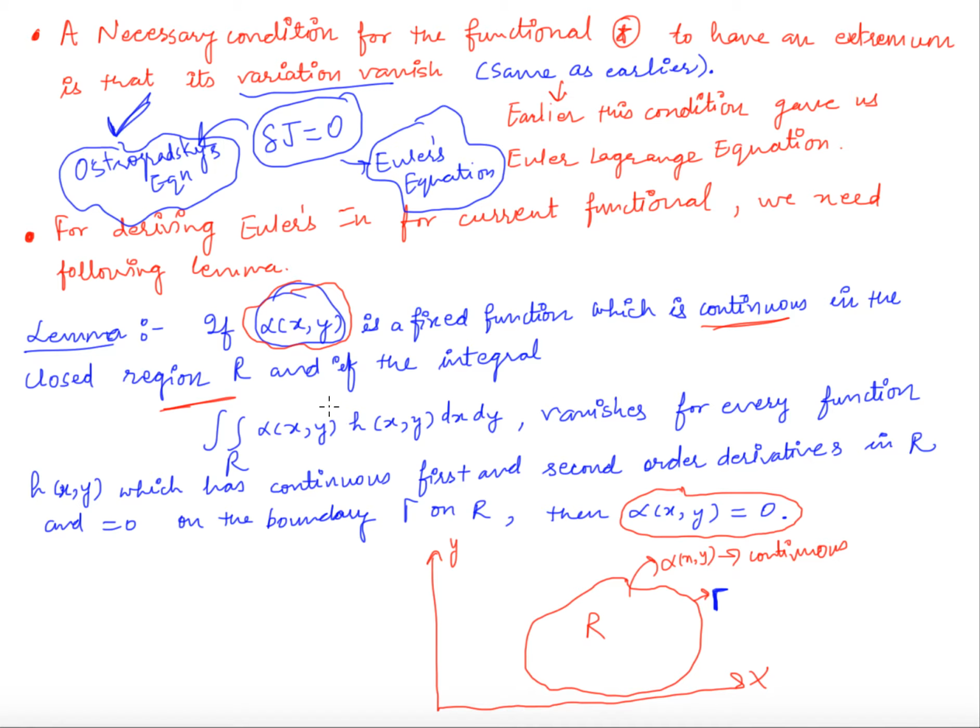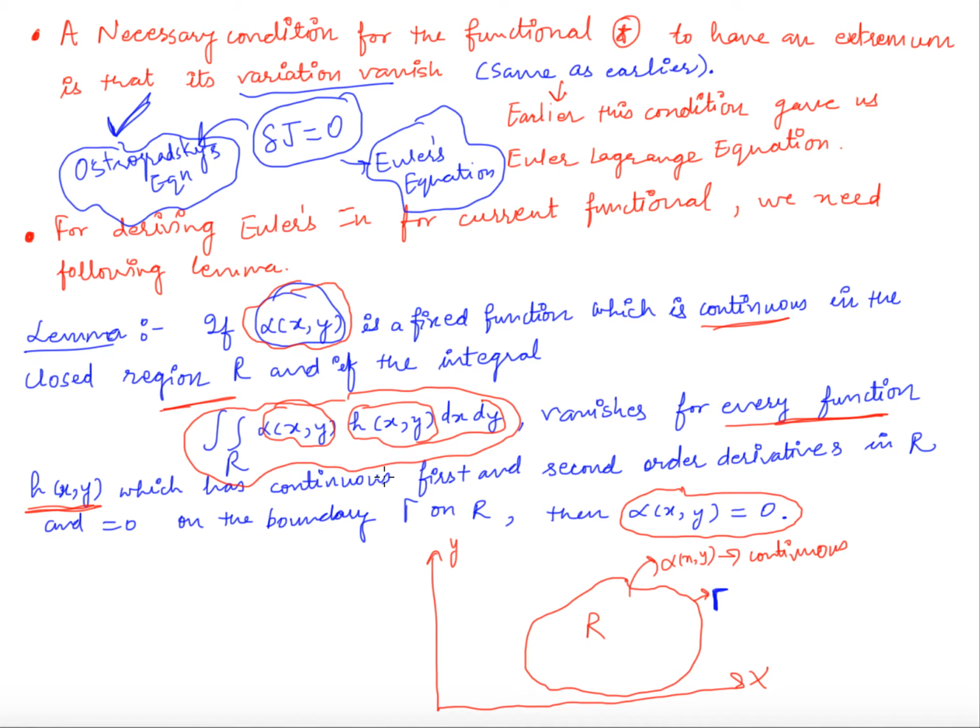And then if this integral of alpha times h dx dy over this region R vanishes for every function hxy. Alpha is one fixed function, and this integral vanishes for every hxy which satisfies some conditions. What are those conditions?